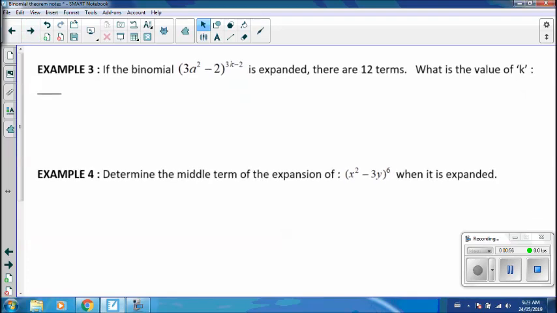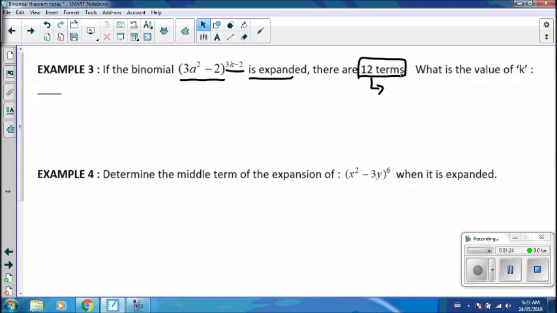Here we've got 2 examples. This one says the binomial 3a squared minus 2 to the power 3k minus 2. Maybe not the best variable to use up there because k is used in our formula, but anyways. So this is expanded, and there are 12 terms. So what does this mean? There are 12 terms. Remember back from our conclusions what we said about the number of terms in the expansion.